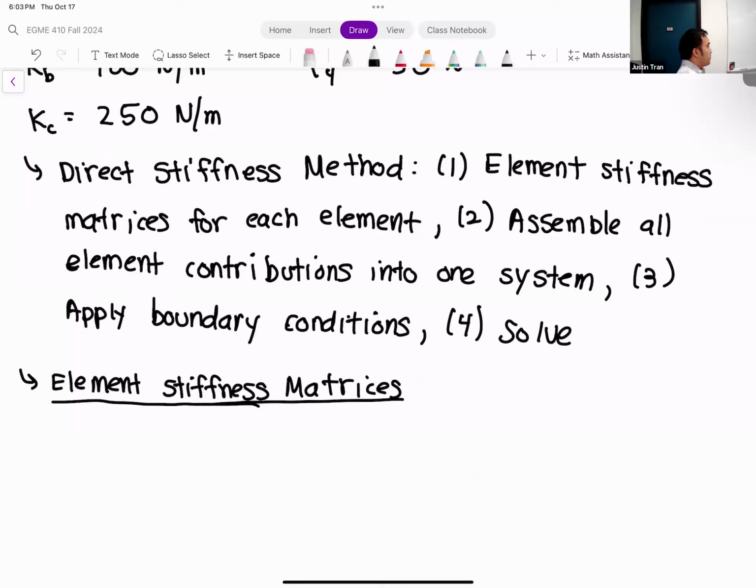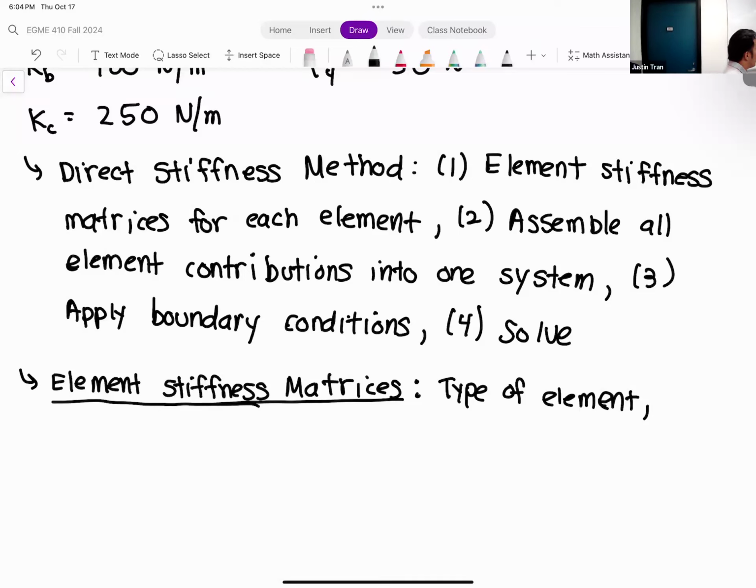All right. Element stiffness matrices. When you're writing the element stiffness matrices, you have to take note of two things. First of all, you have to take note of what type of element it is. That question is kind of irrelevant right now because we've only gone over spring elements, but over the next couple of weeks, we'll be going over different element types as well. A lot of times the type of the element is pretty obvious from the figure.